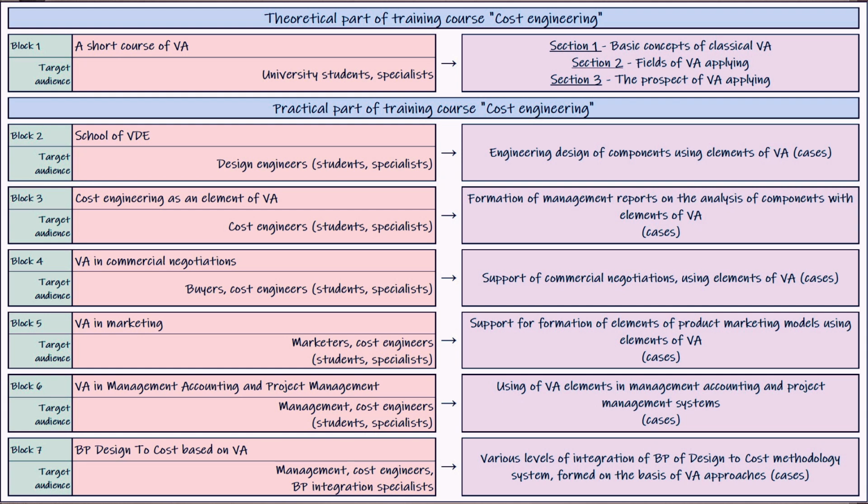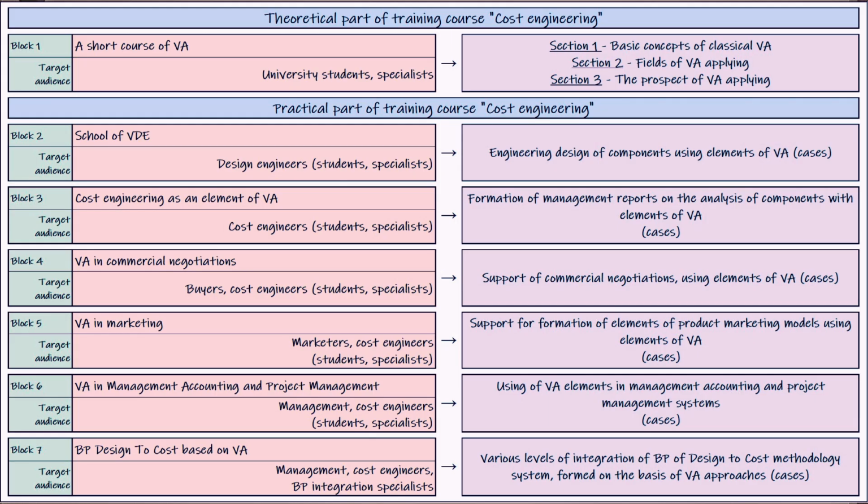Block 5. Block 5 includes a set of cases within the framework of which private issues of the possibility of using the value analysis in the activities of the marketer are considered, such as the formation of an option list, the formation of marketing models, etc. Block 6.